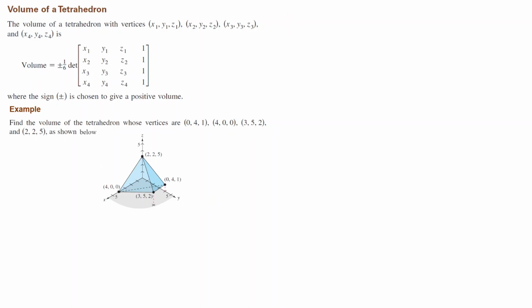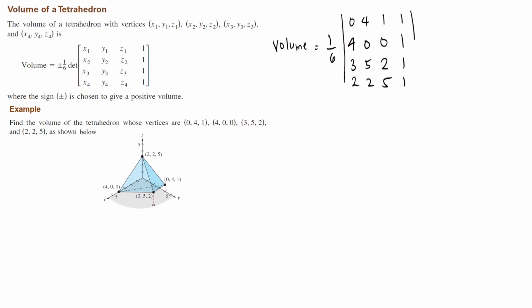So applying the given formula, we have here the volume equal to 1 over 6 times the determinant of, we'll just list down the vertices and we'll put 1 here. We have 4, 0, 0, and then 1. We have 3, 5, 2, 1, 2, 2, 5, 1.